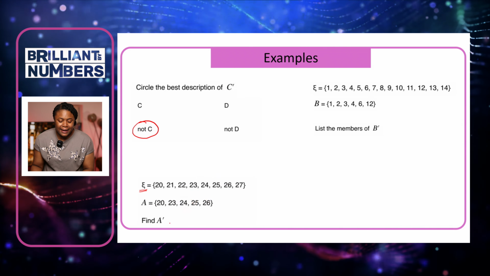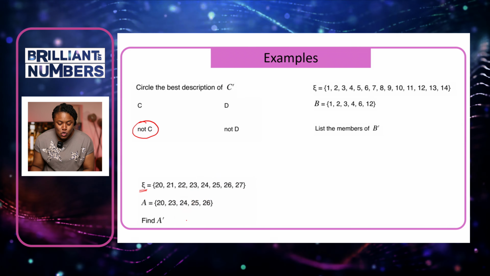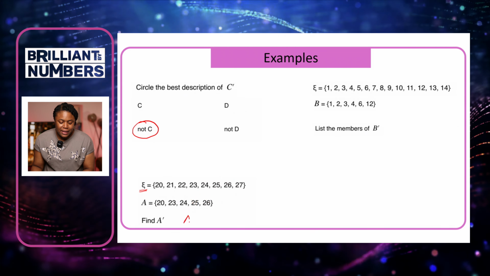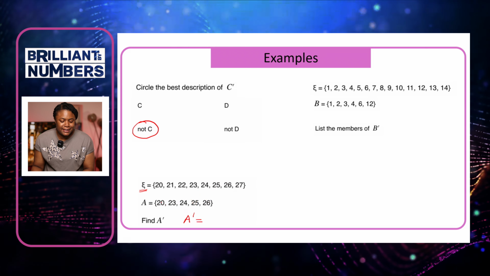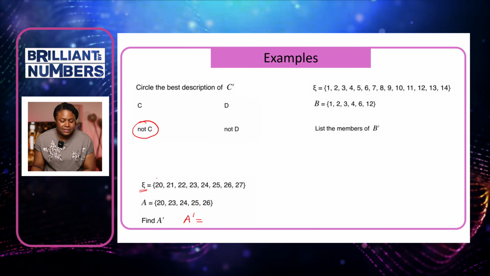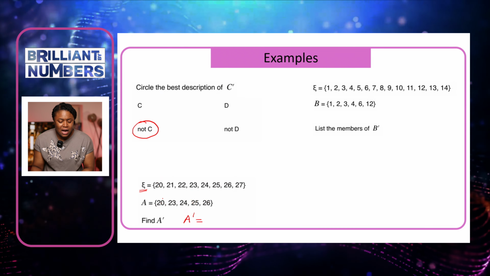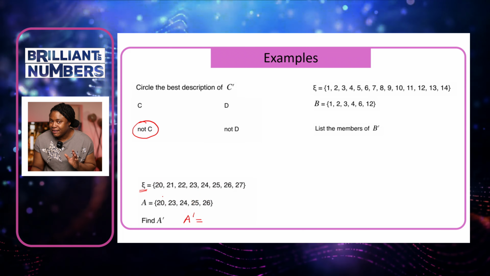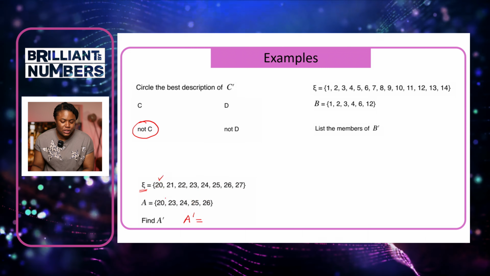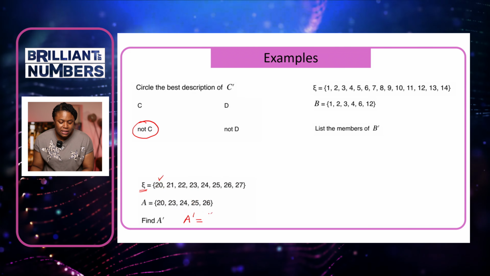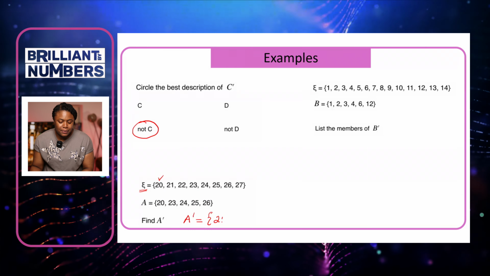Remember, A complement is what is not in A. So we look at 20, we've got that in the set, so we're going to tick off all the ones that are in A, and what's left will be our complement. We check 21, not in our set, so that's a part of the complement.